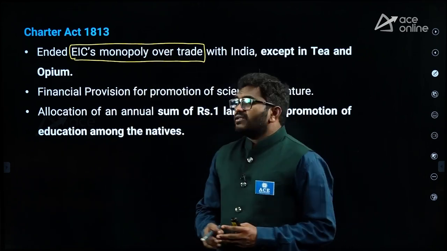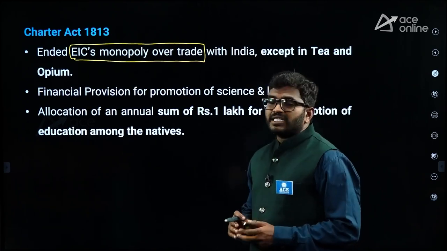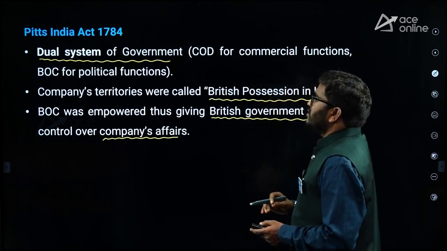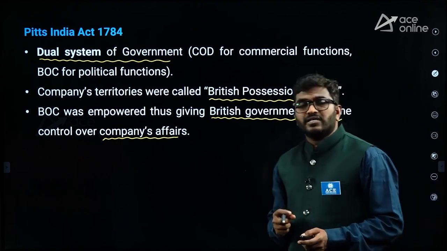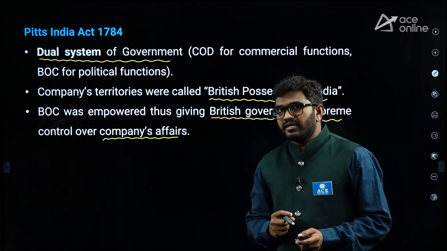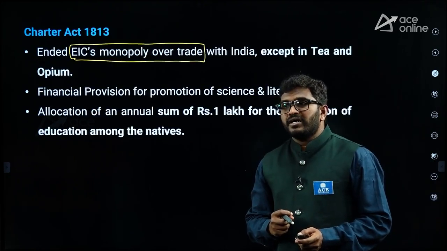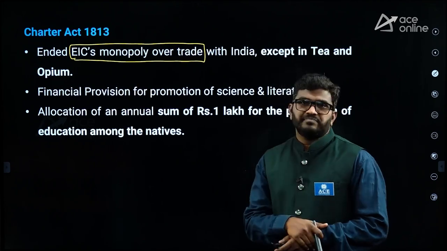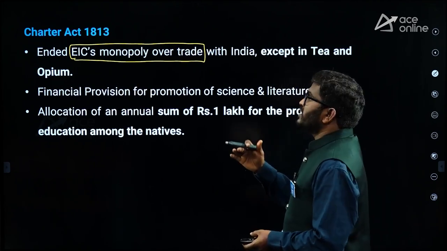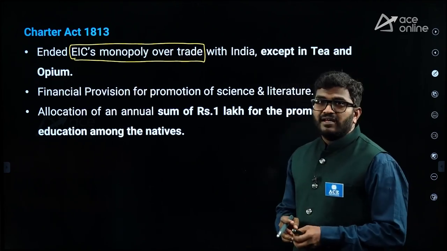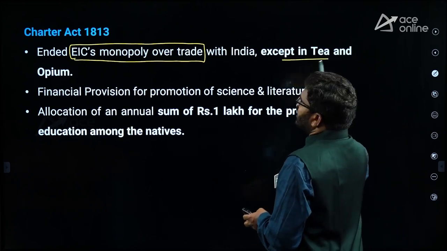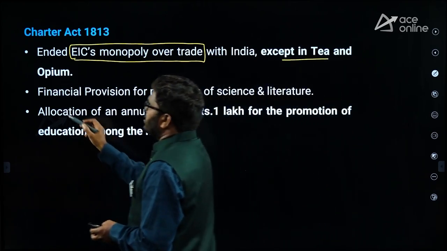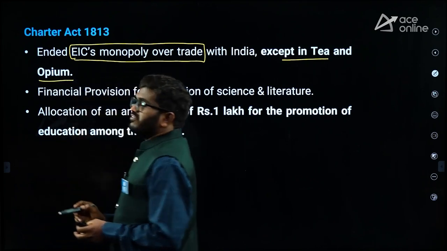But through Pitt's India Act, the British government took over control of the East India Company, and the British government allowed every merchant to come to India. So that's why the monopoly of the East India Company was ended, except trading with tea and opium, and trade in China also.